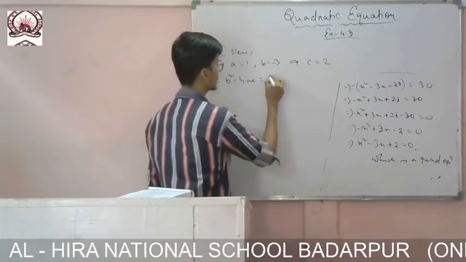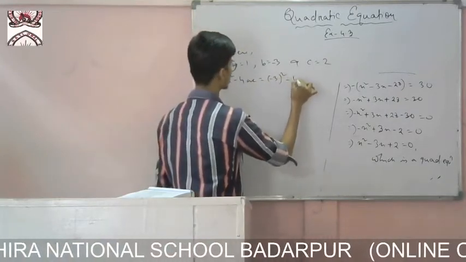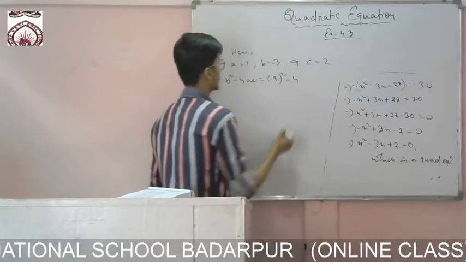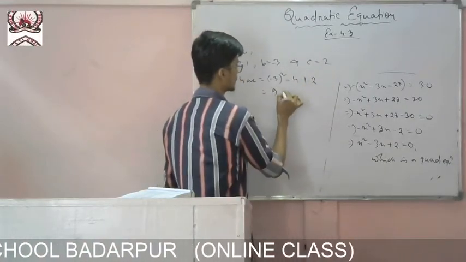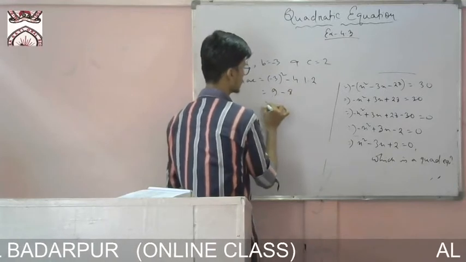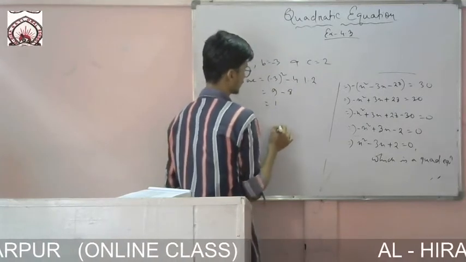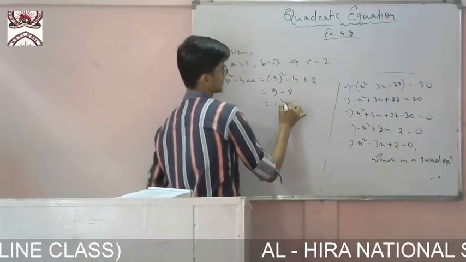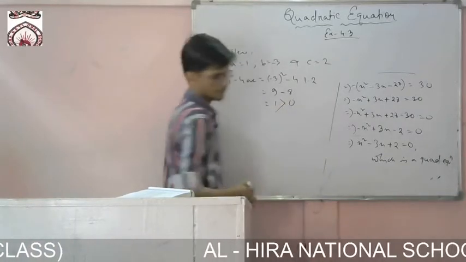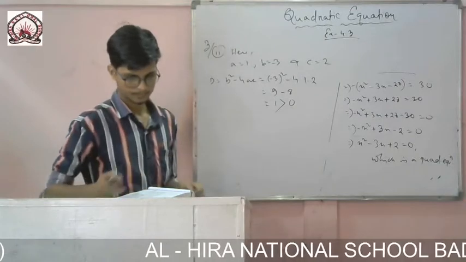So b square, that means minus 3 square, minus 4ac, where a is 1 and c is 2. So 3 square is 9, minus 4 twos are 8. So 9 minus 8 is 1, which is greater than 0.